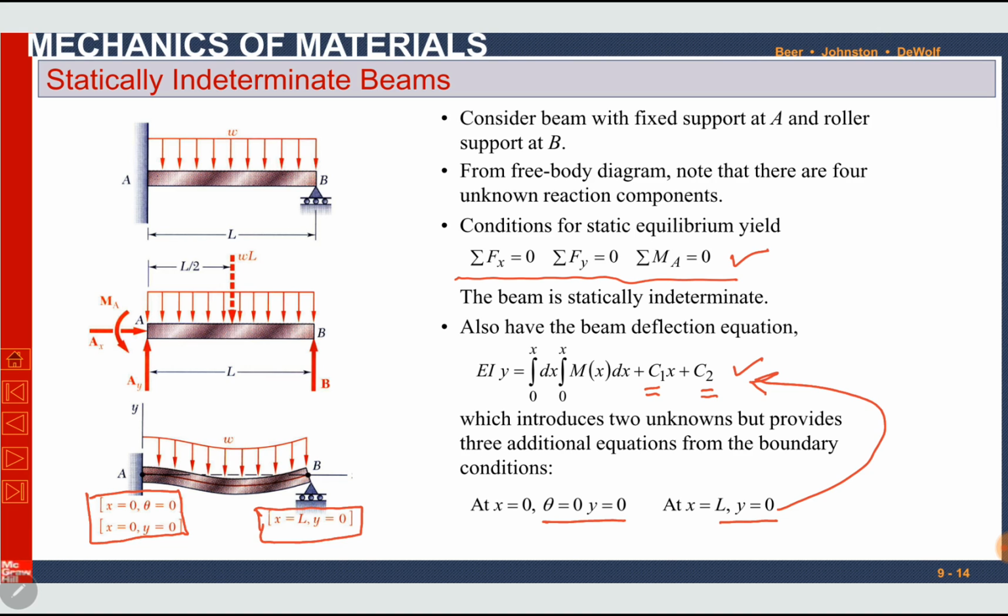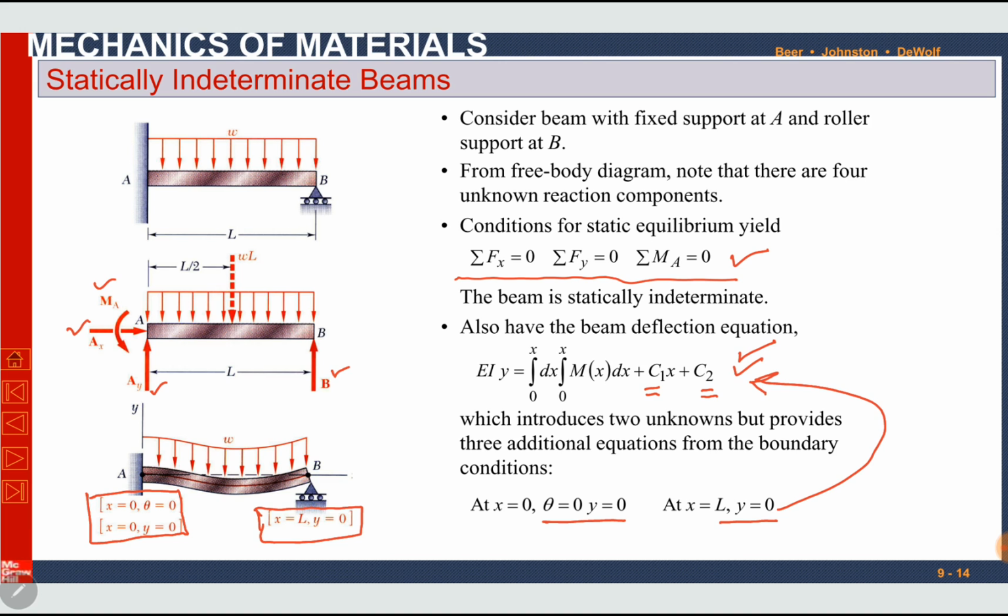So totally we have 3 equations of equilibrium and 3 equations from this deflection equation using 3 boundary conditions. We have 6 equations now, and we have 6 unknowns. Which are the 6 unknowns? C1, C2, and AX, AY, the moment, and B. The total is 6 unknowns and 6 equations. We can solve this statically indeterminate beam.